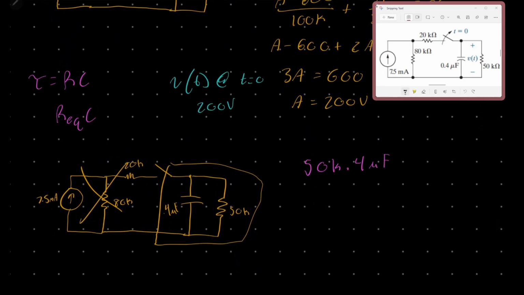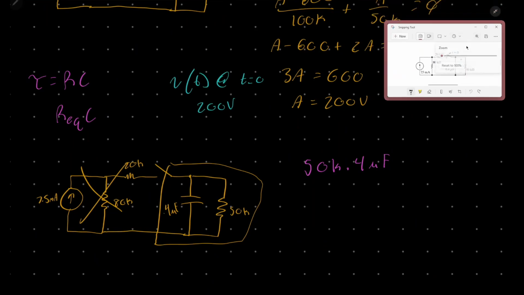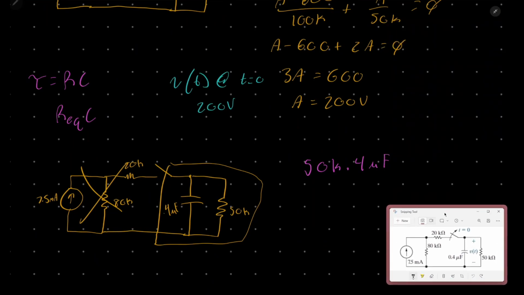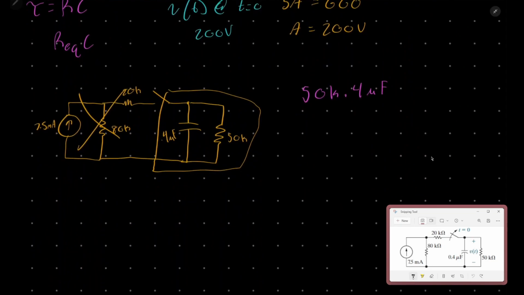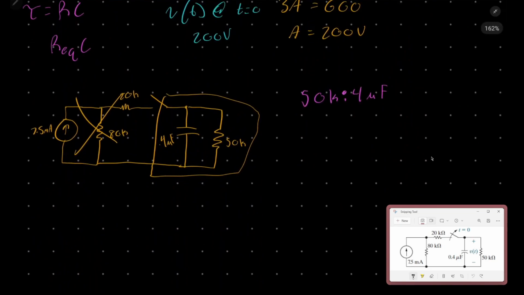Let's make this smaller and move it down here. Okay. If you didn't see that, so there's that. And then, yep, we multiply those two together.